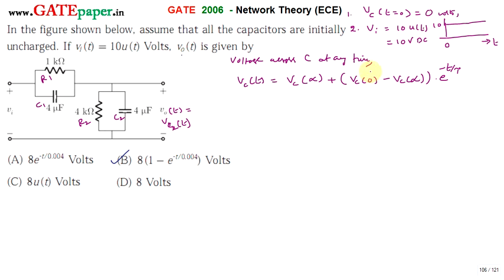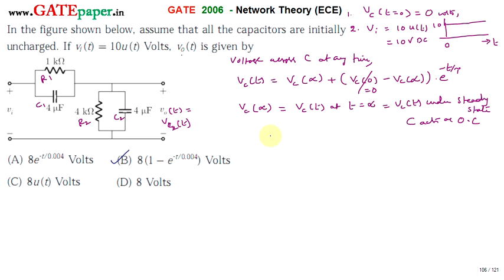Vc at 0 is already given, it is 0 volts. Vc at infinity is the capacitor voltage at t equal to infinity, that means Vc of t under steady state. Under steady state, capacitors act as open circuits. So both the capacitors C1 and C2 act as open circuits under steady state.